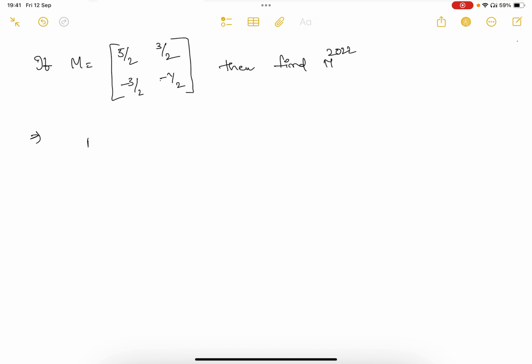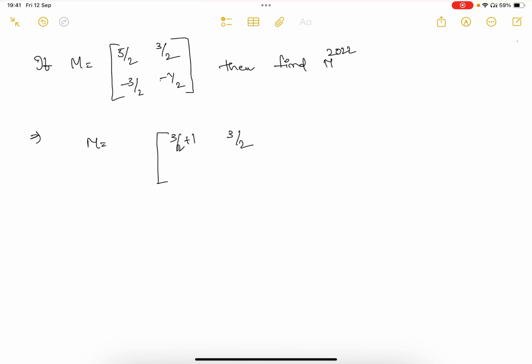As you can see, M is such that everything is related to 3 by 2, right? As you can see, 5 by 2, 3 by 2, and 1 by 2. So let's do one thing here. 5 by 2 can be written as 3 by 2 plus 1. 3 by 2 is 3 by 2.